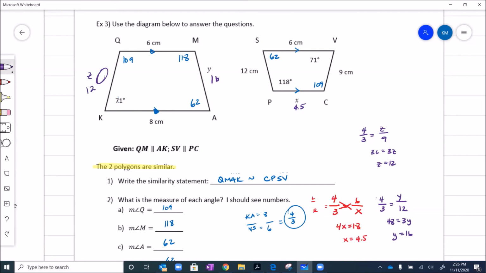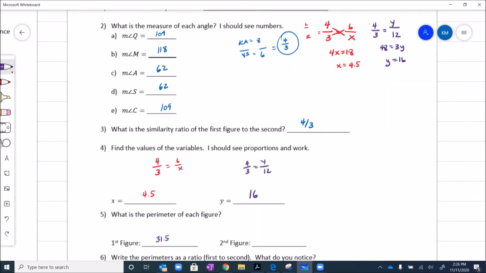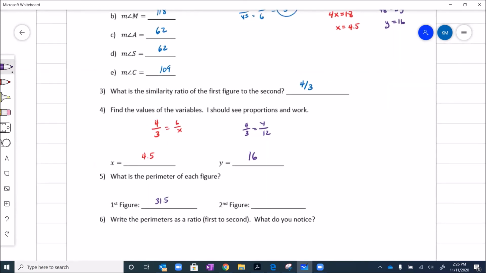So that gives me 26, 42. That's backwards. Big one is 42. Small one is 31.5.